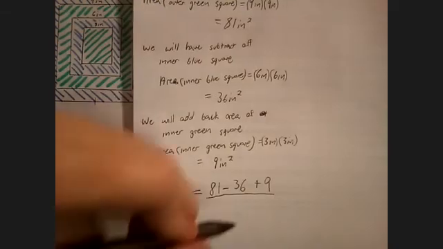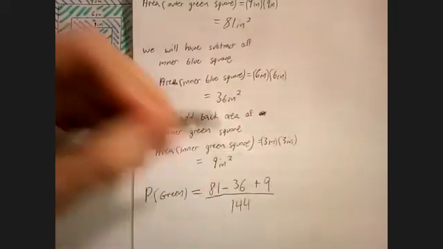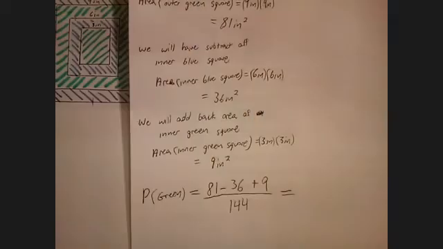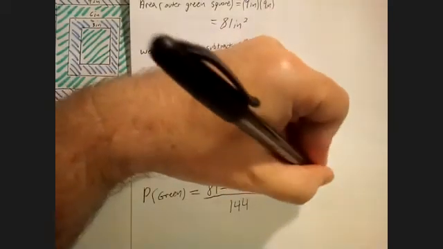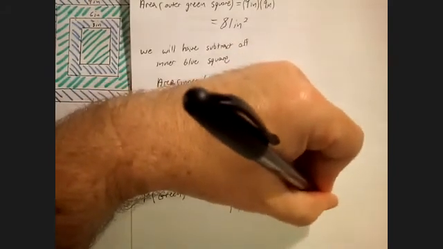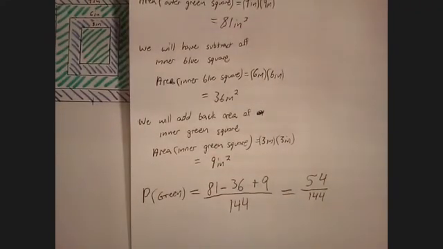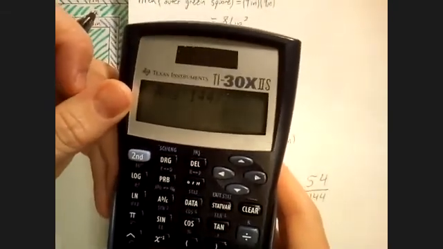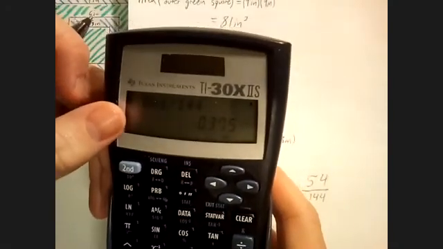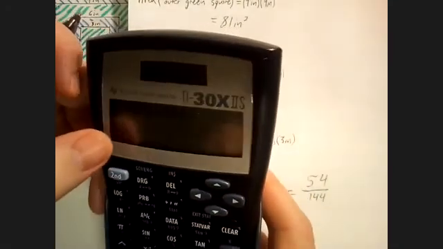And the number on the outside was 144. So let's do the top first. 81 minus 36 plus 9 is 54 over 144. It wants a simplified fraction. So 54 divided by 144. We've got a decimal, so second PRB, we've got 3/8.